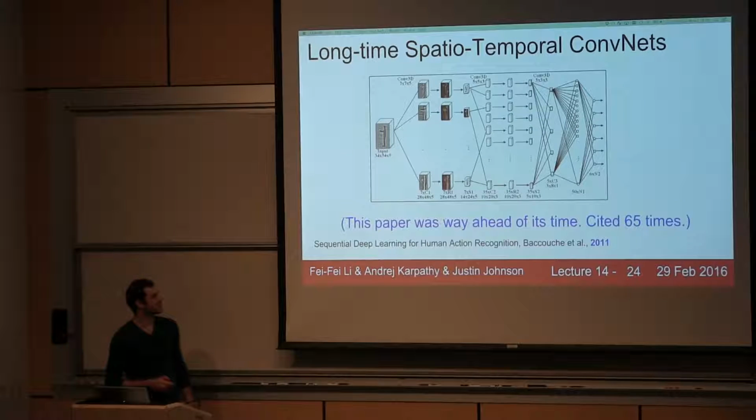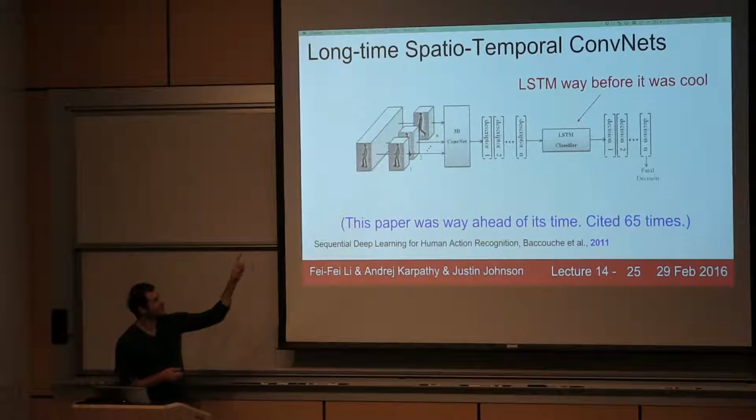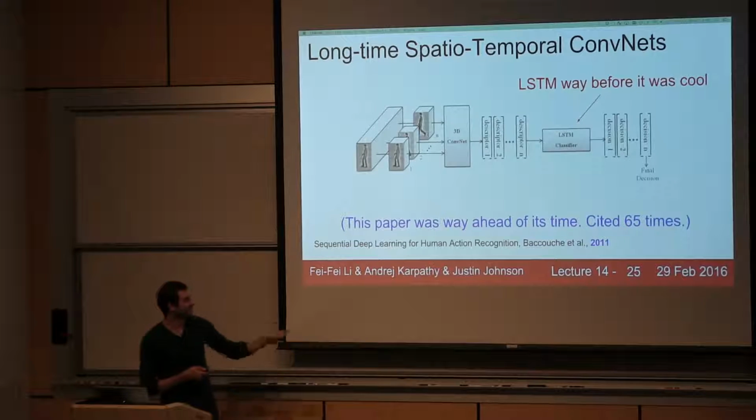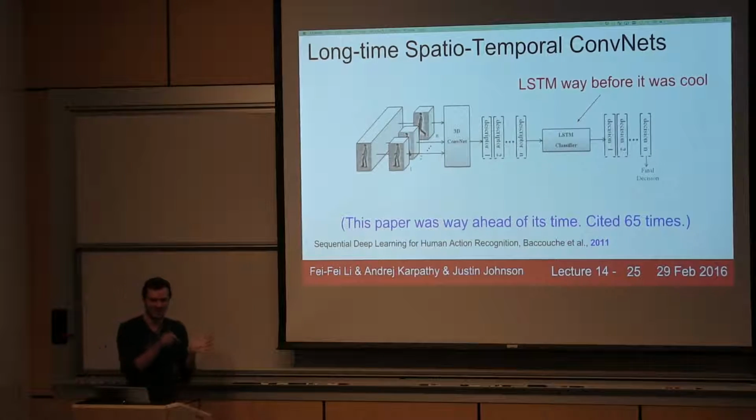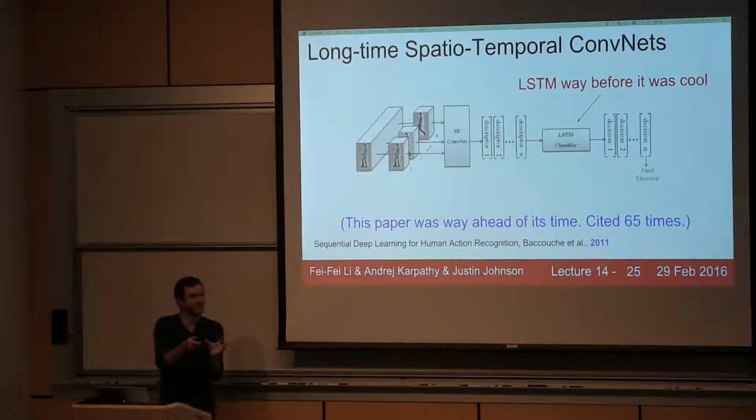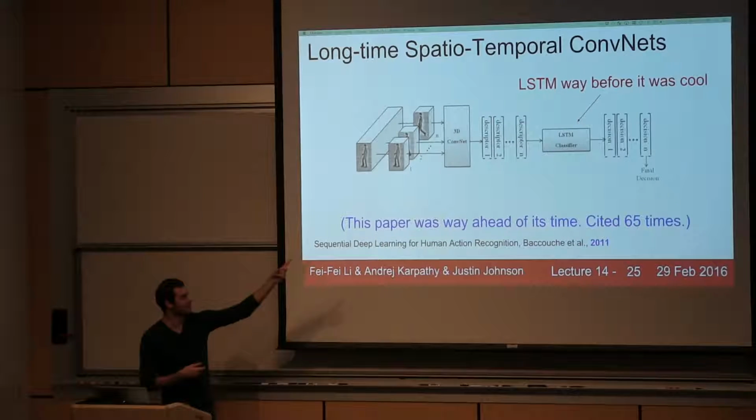So if you go back to this paper that I've already shown you in 2011, it turns out that they have an entire section where they have an LSTM that does exactly that. So this is a paper from 2011 using 3D conv and LSTMs way before they were cool. And so this paper basically has it all. They model little local motion with 3D conv, and they model global motion with LSTMs.